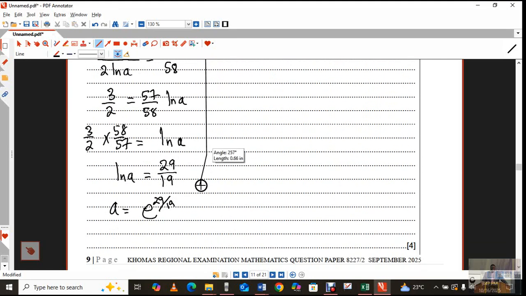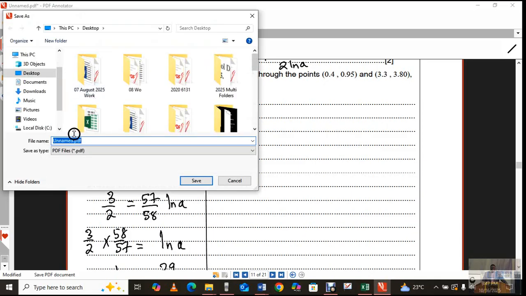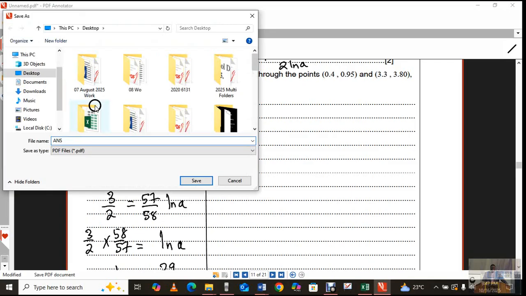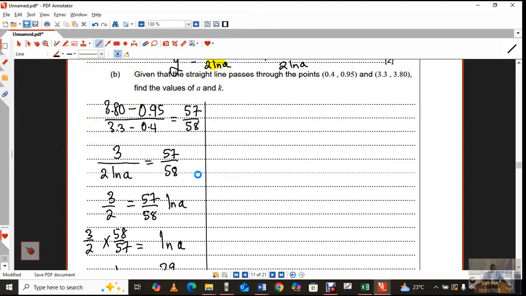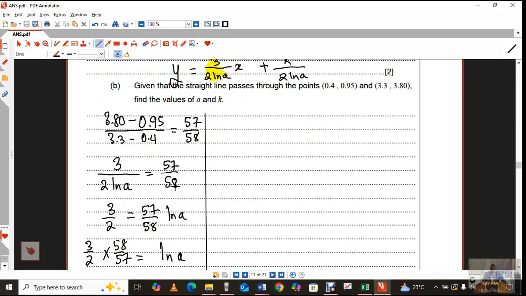Just going to separate this work. Right, how am I going to find the value of k? Let me just save this. I'm going to find the value of k by using my formula. Remember my formula is in the form y equals mx plus c.